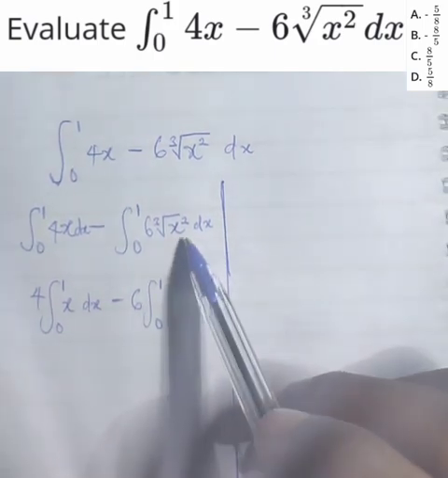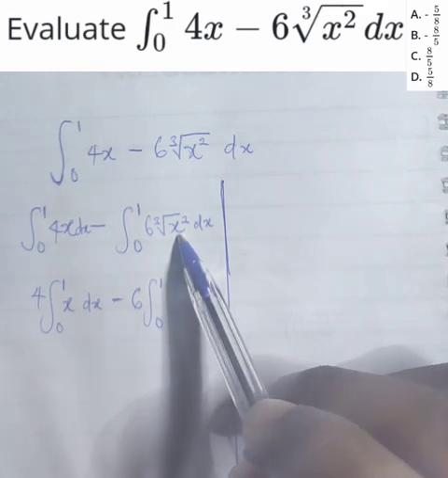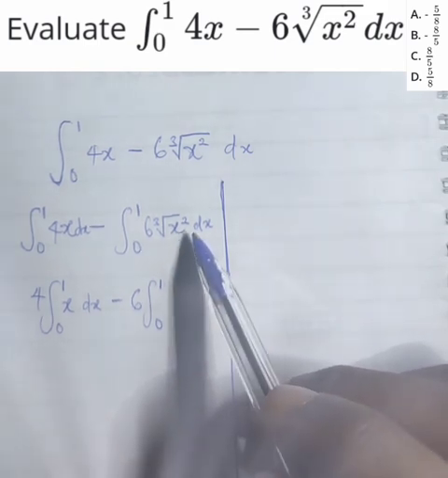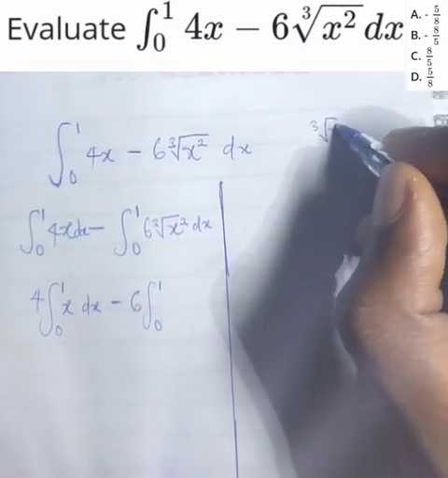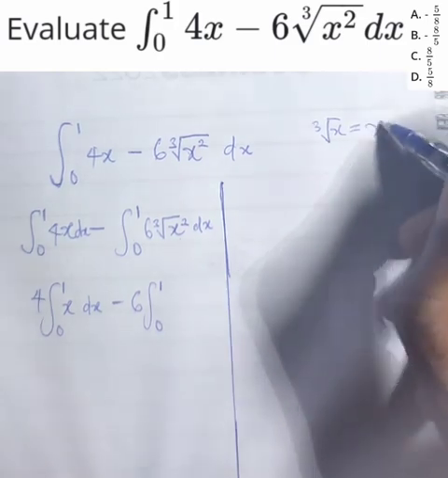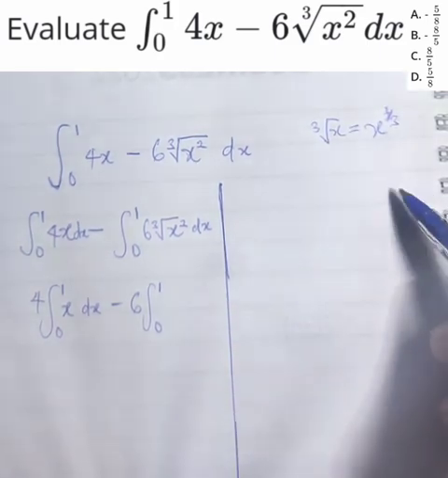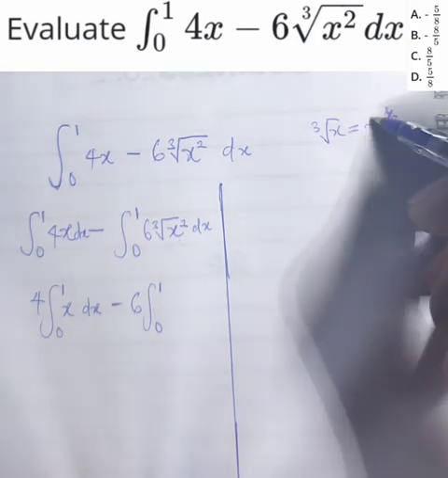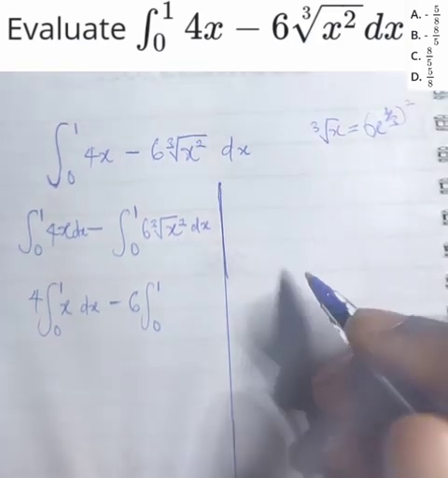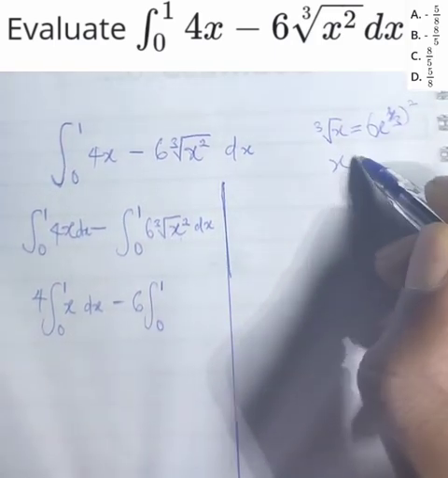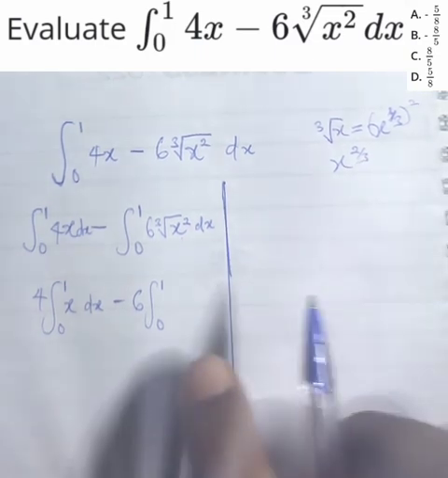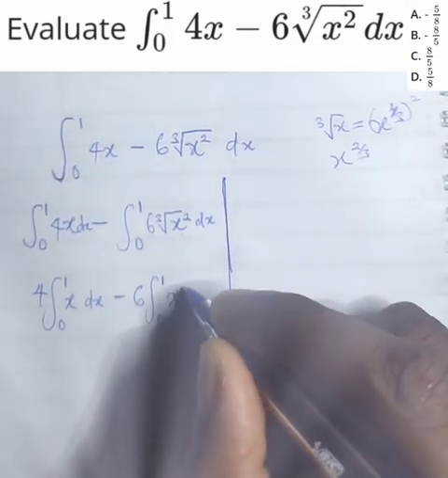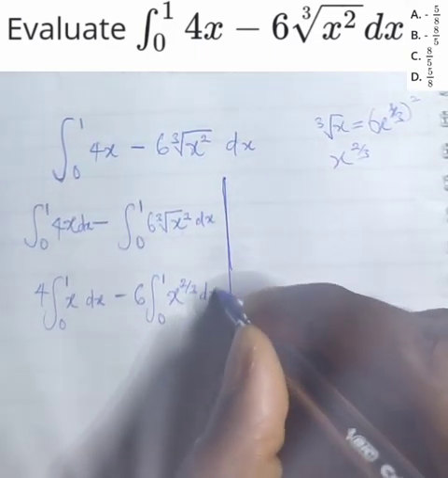So you can now write this main term, but you have to note that the cube root of x is the same thing as x raised to the power 1 over 3. So if we're having this raised to the power 2, it means what we have here can be rewritten as x raised to the power 2 over 3. So you can write that down. x raised to the power 2 over 3, also with respect to x.